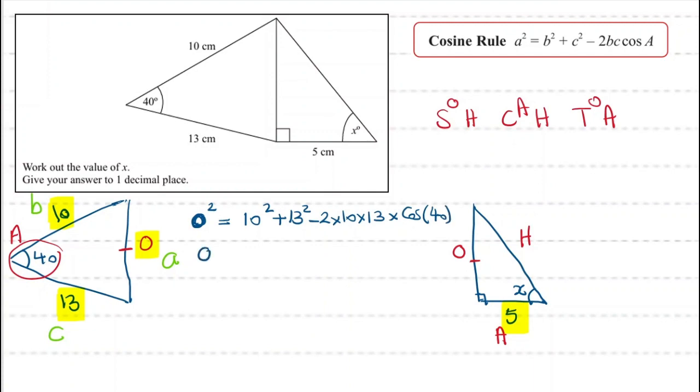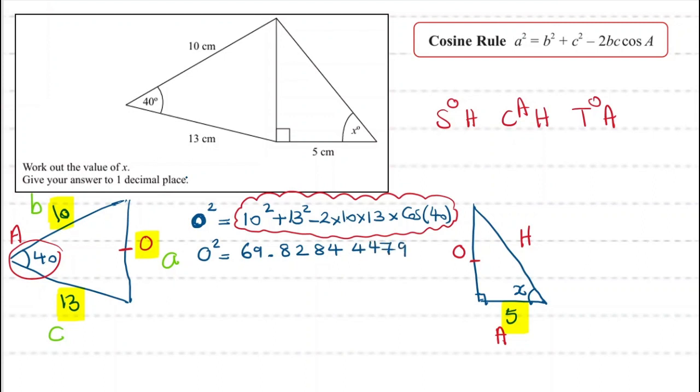So we write O squared and we type these numbers on the right hand side into our calculator and we get 69.82844479.